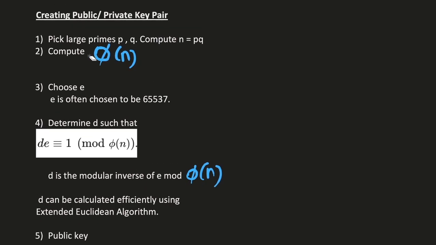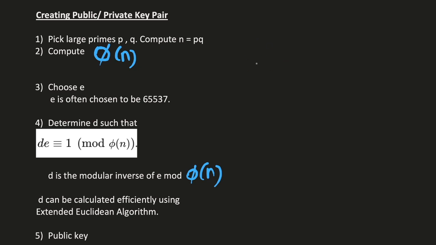So let's pick large primes P and Q. These can be 1024-bit numbers or even 2048-bit numbers, and then we compute n, which is going to be P times Q.